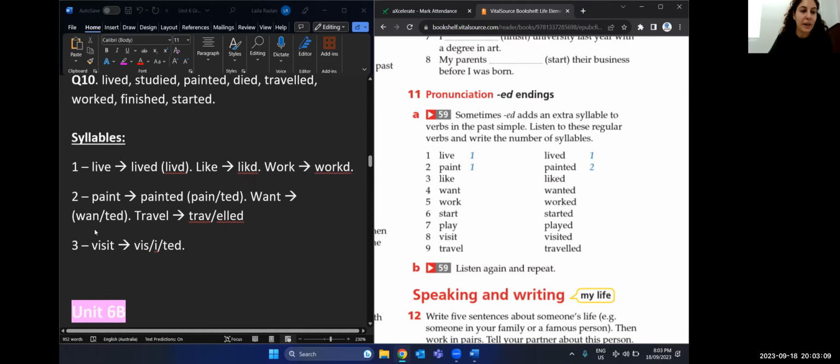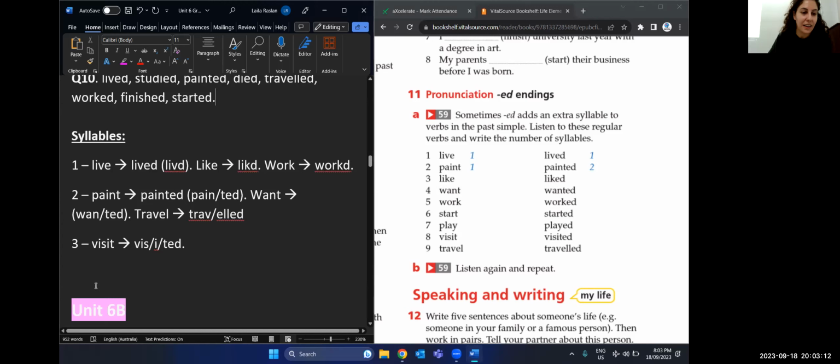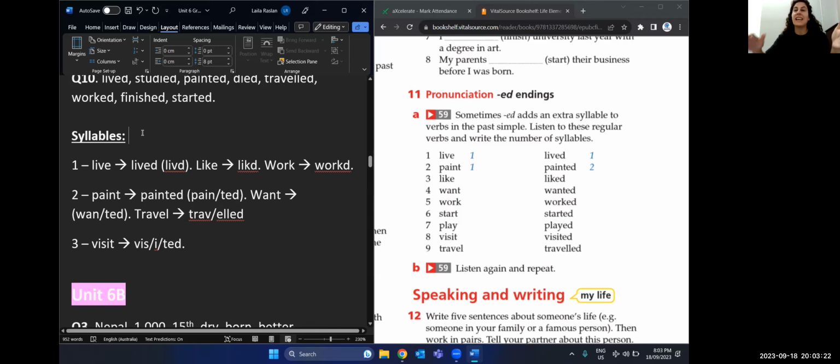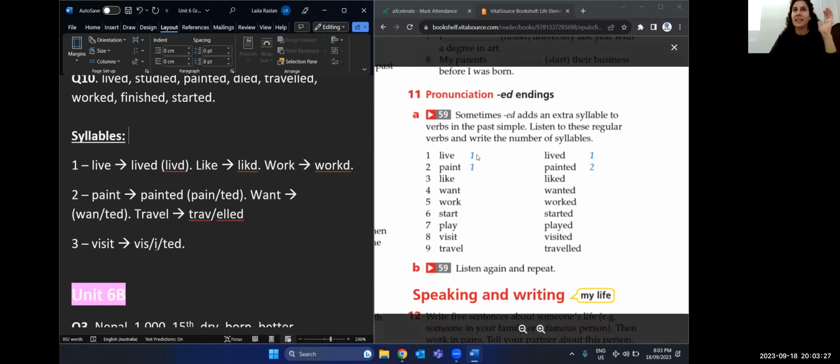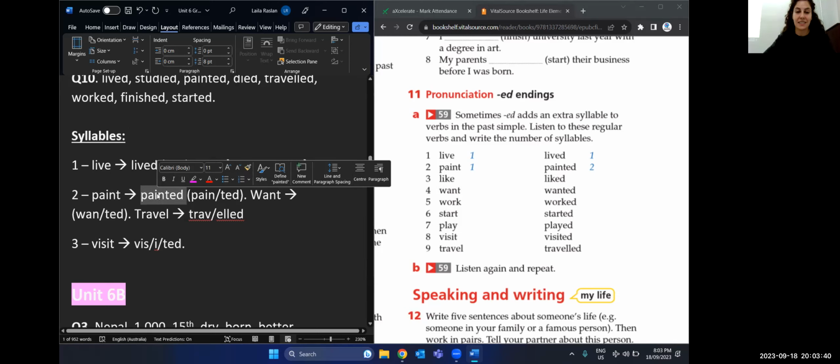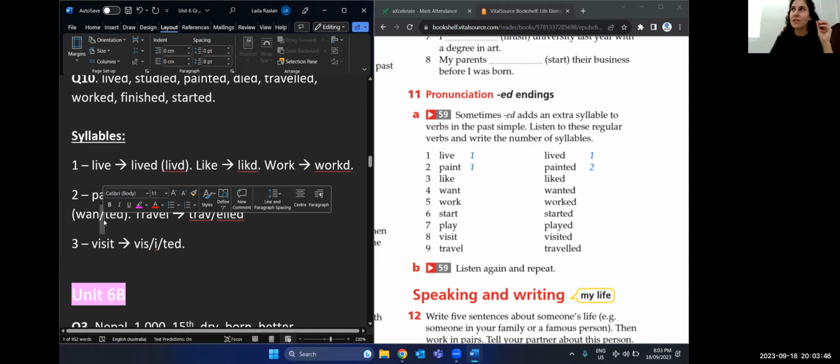I'll go with the rule first. So the rule is that we've got syllables. Syllable means how many sounds does a word have? So for example, live only has one sound, like live. Paint is only one sound, but a two-sound word would be painted. Wanted.